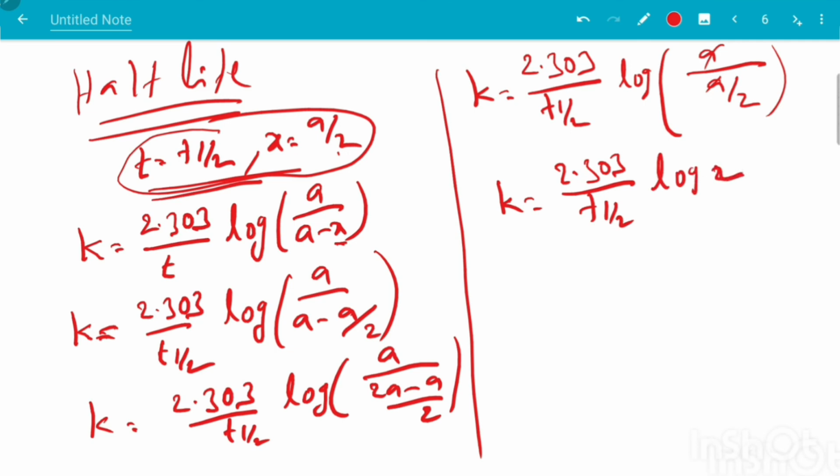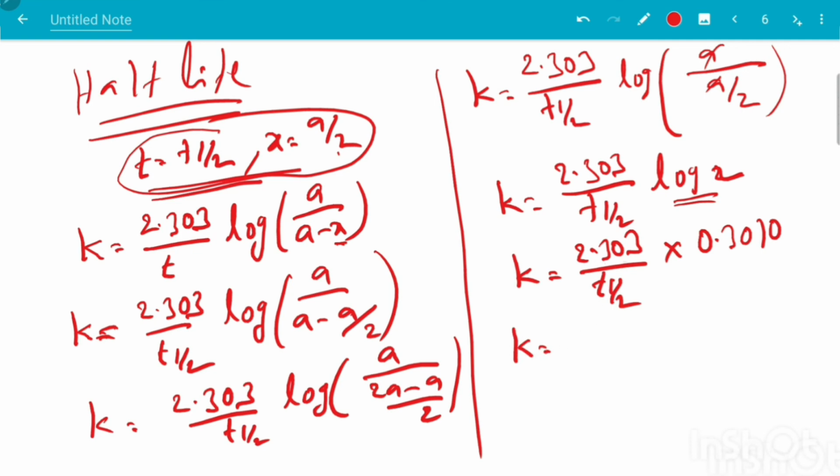Log 2 equals 0.3010. So k equals 2.303 by t half into 0.3010, the log 2 value, and k equals 2.303 into 0.3010, whose value is 0.693, by t half.